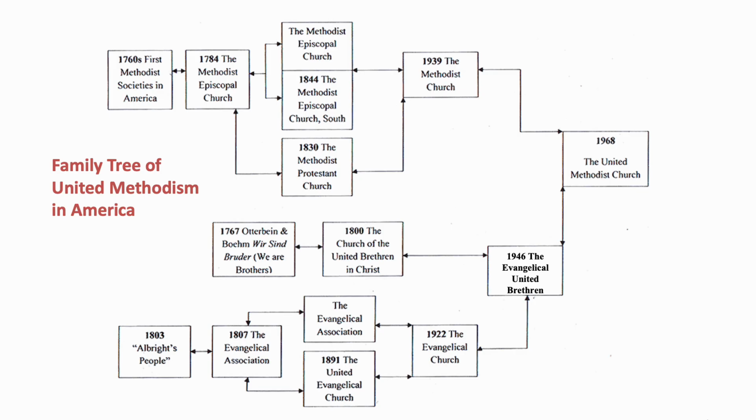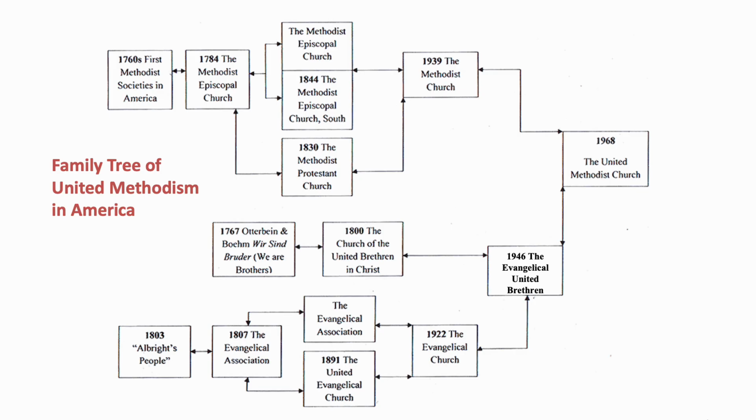Following the American Revolution, the Methodist Episcopal Church was formally established in America in 1784 at a conference in Baltimore, Maryland. Prior to the Civil War, the Methodist Episcopal Church split in two, primarily over the issue of slavery, in 1844, and our church's denomination became the Methodist Episcopal Church South.